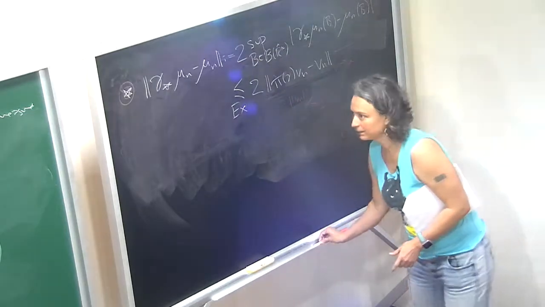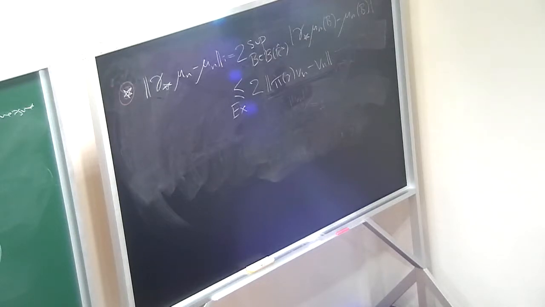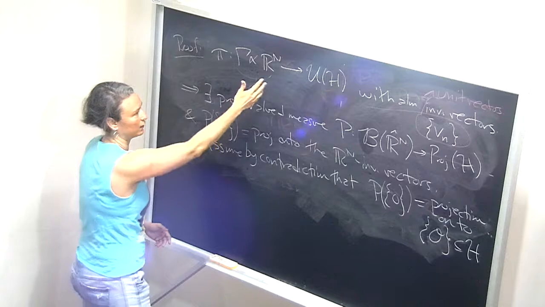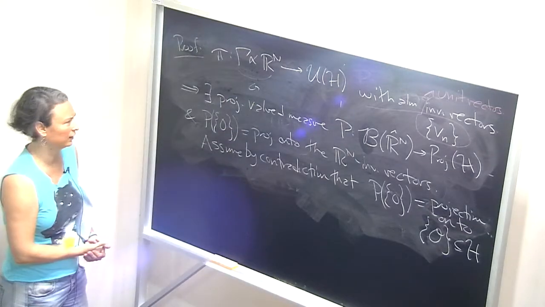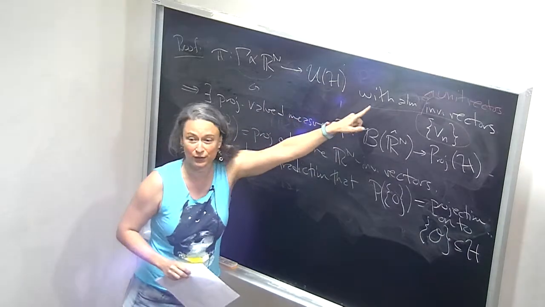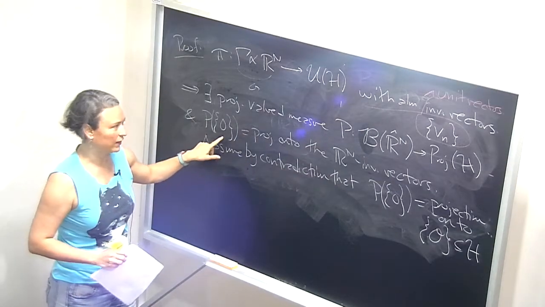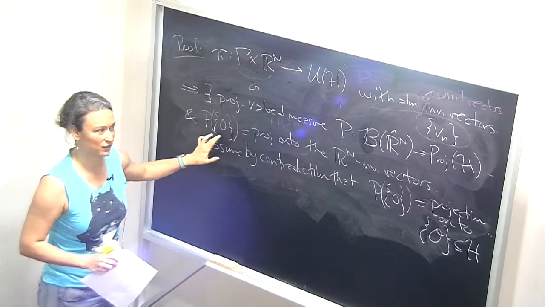So what's going on? I start with a unitary representation of my semidirect product. I restrict it to Rn, which is what I'm interested in studying. By contradiction, I assume that I have almost invariant unit vectors, but not Rn invariant vectors, which tells me that this projection is 0.